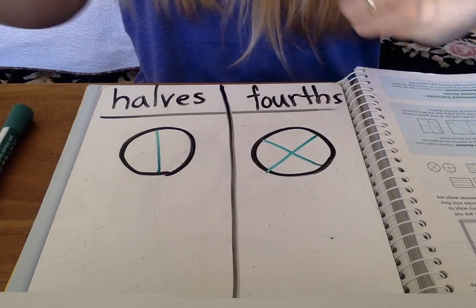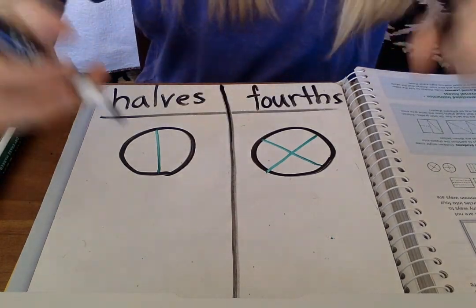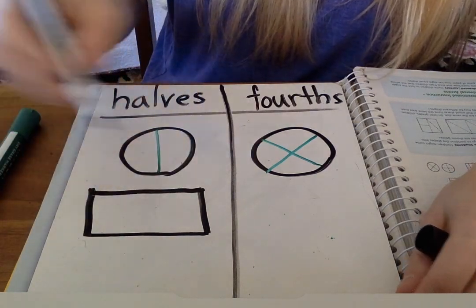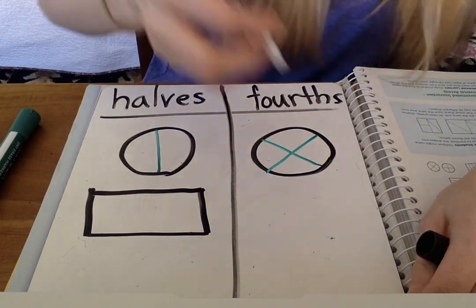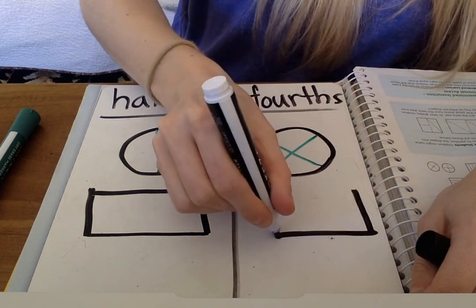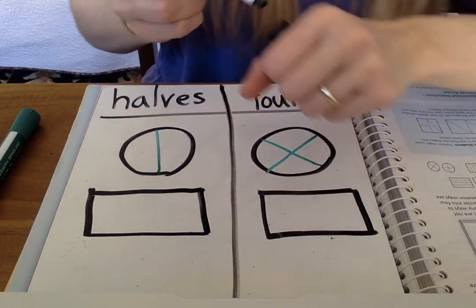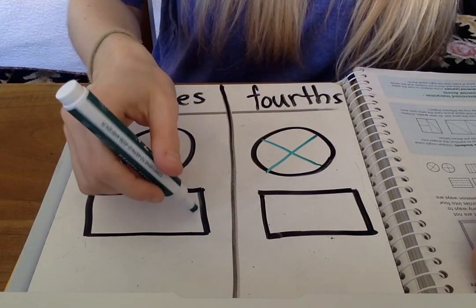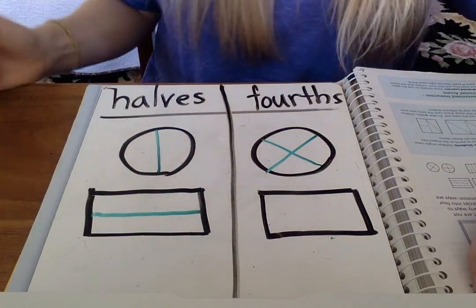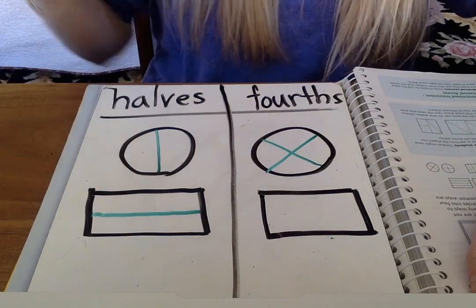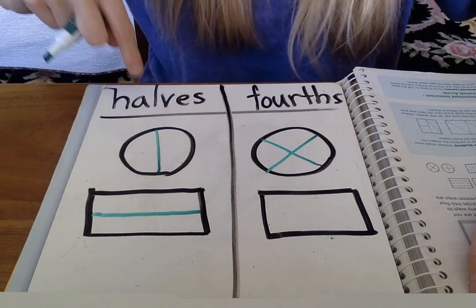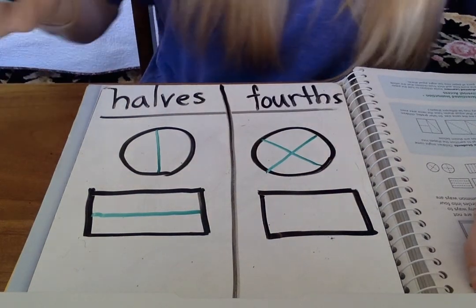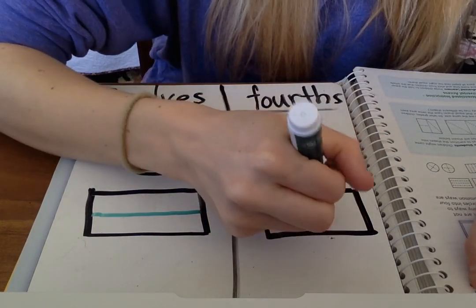Let's try a rectangle. Let's split this rectangle into halves, and let's split this rectangle into fourths. Just like I did up above, I could go like this. Boom. One line, but now 1, 2 parts. I have 2 equal parts, which means I have halves. This one, I could do them horizontally, or I could do vertical, right?